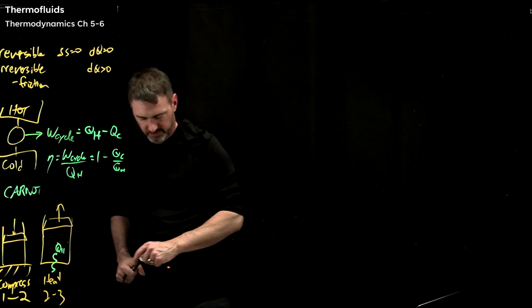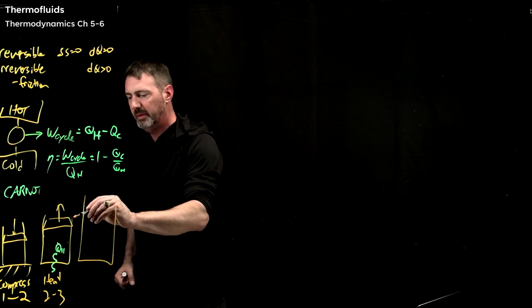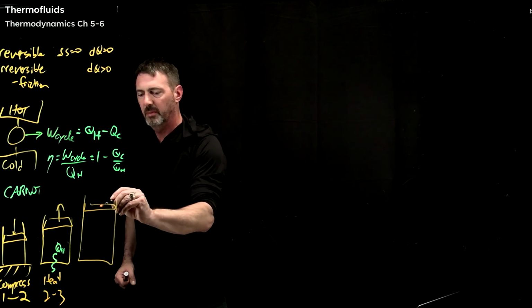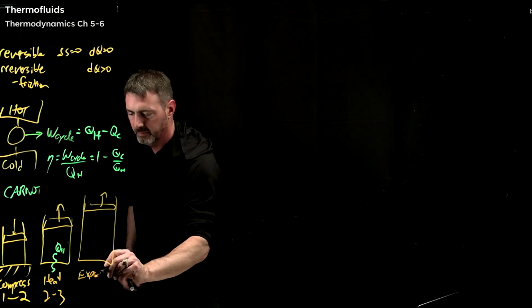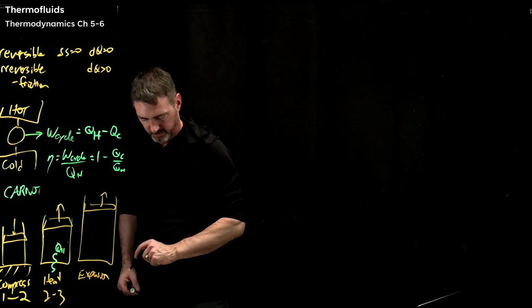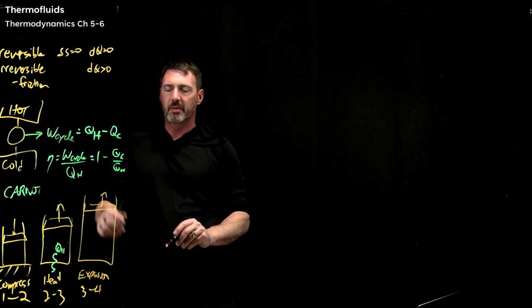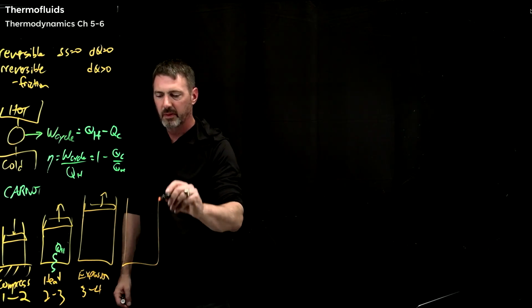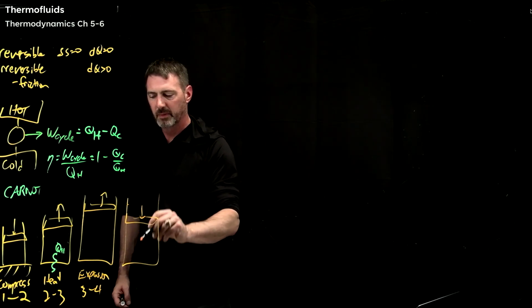Then we're going to let this keep carrying on, and it'll keep going up. At this point, it's expansion. We'll say that's 3 to 4. Now this has reached regular pressure, and then we'll push it back down.